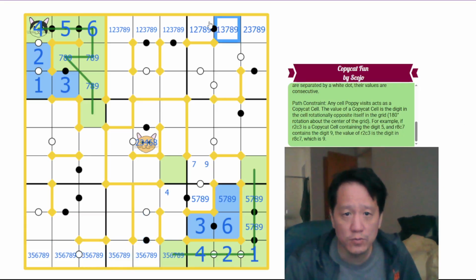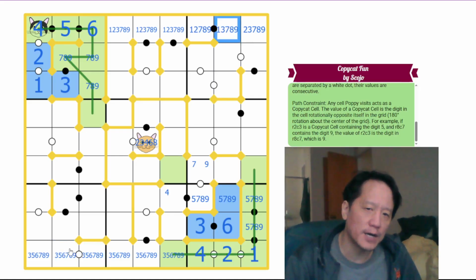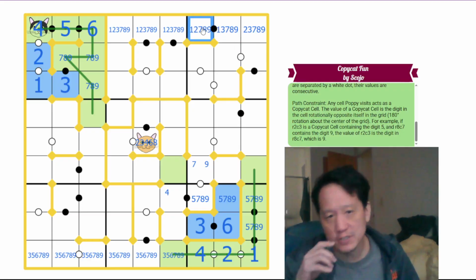So these two must match this. So if this was the only copycat, so if they're not copycat, this has to be 1, 2 specifically.